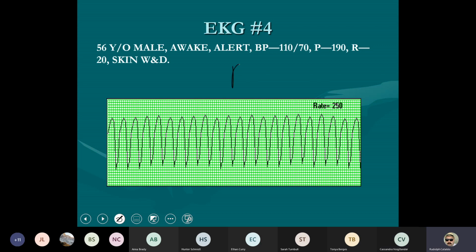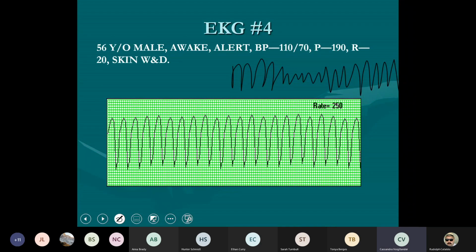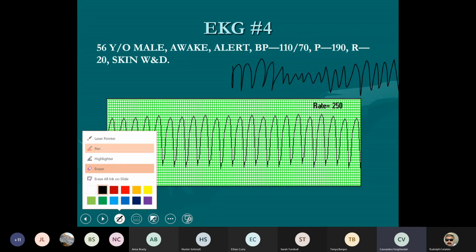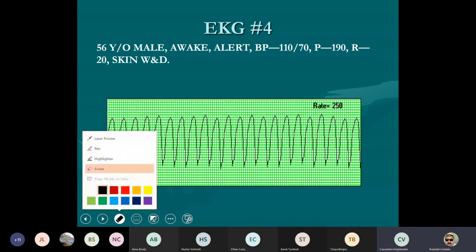Polymorphic would almost look like a sound wave going up and down, so they're not all the same height. Polymorphic is more torsades. Monomorphic, mono meaning one, they all take one shape. Okay, so monomorphic VTAC. Yep.